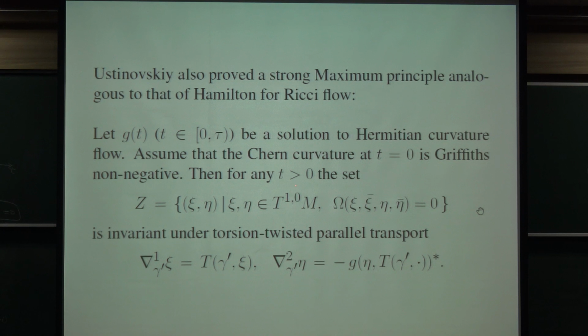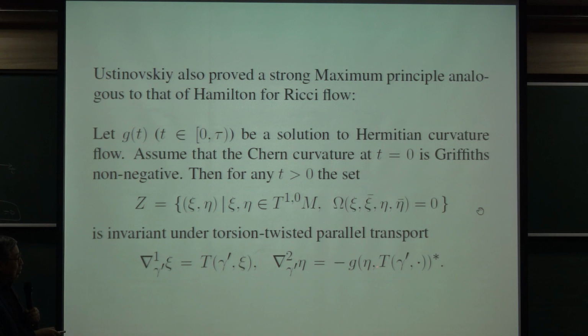For any t positive, you define this set. This is very much like the Ricci flow case Hamilton discussed. Then he proves the set is invariant under the torsion-twisted parallel transport, which is given by torsion. You have two connections naturally defined by torsion, one by the torsion and one by the dual of the torsion.